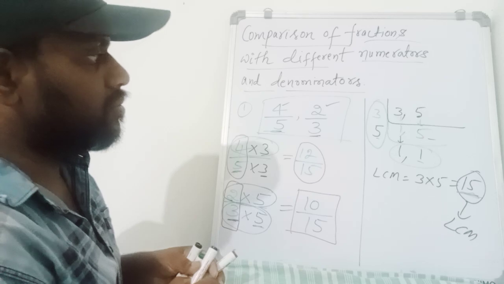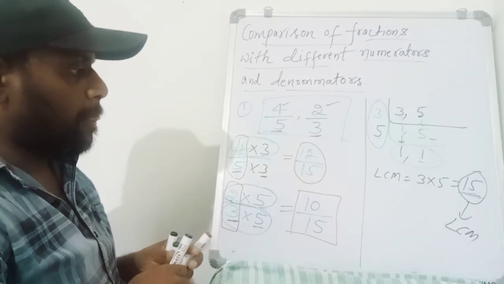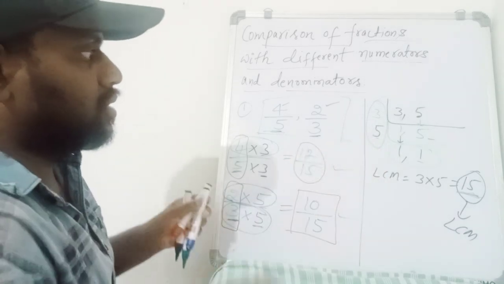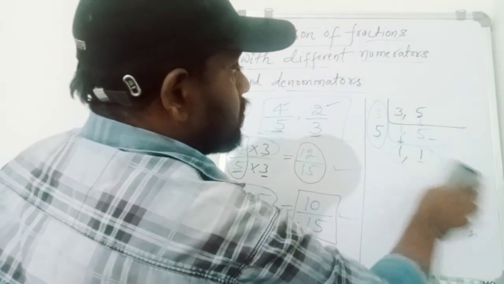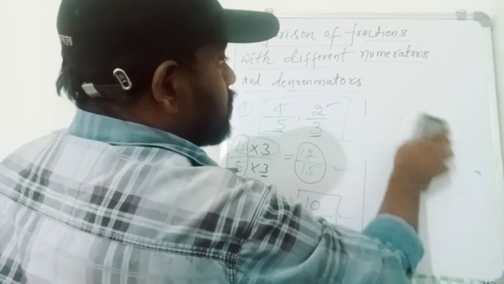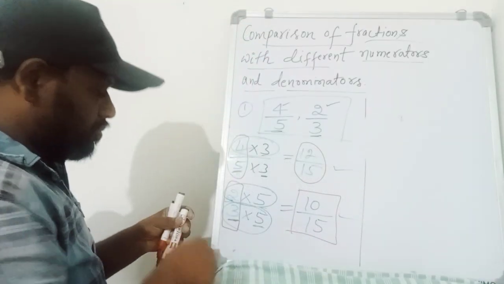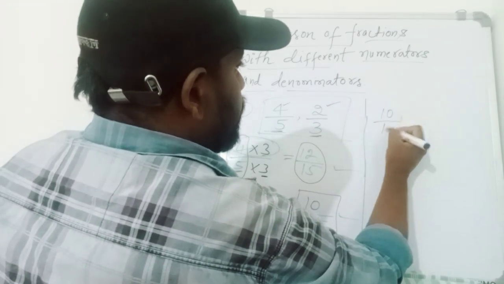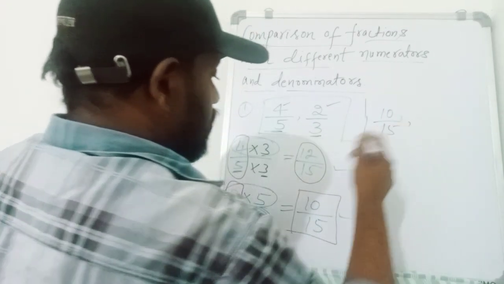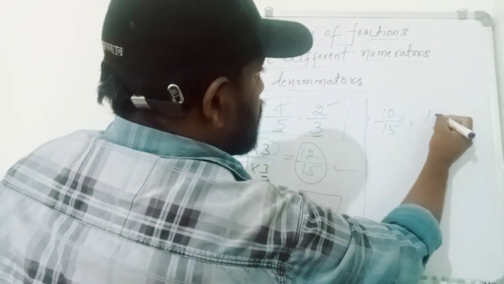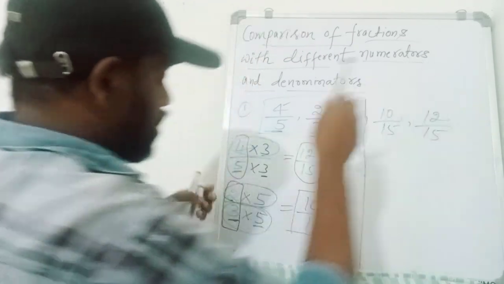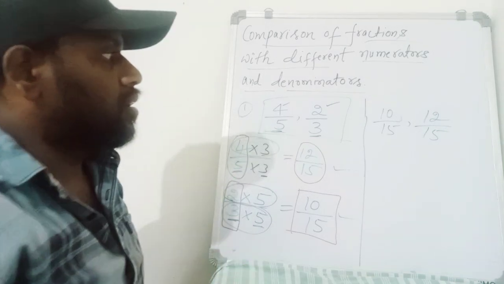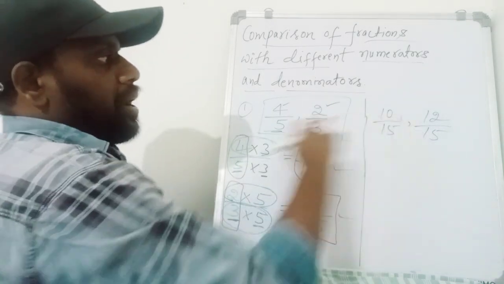Correct. Now what you have to do? You have to compare these fractions. We got this 10 by 15 and another one is this 12 by 15. Now we have to compare.